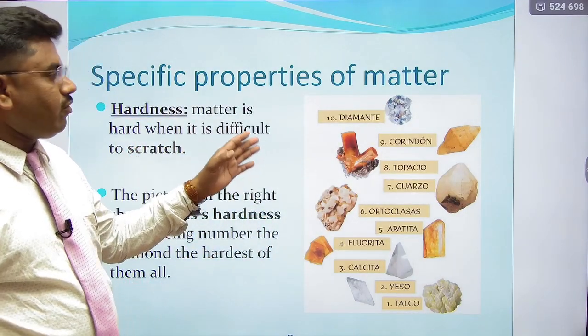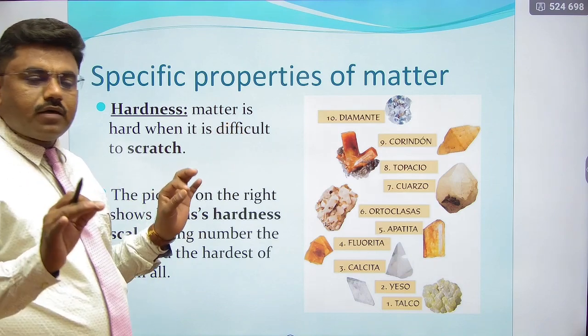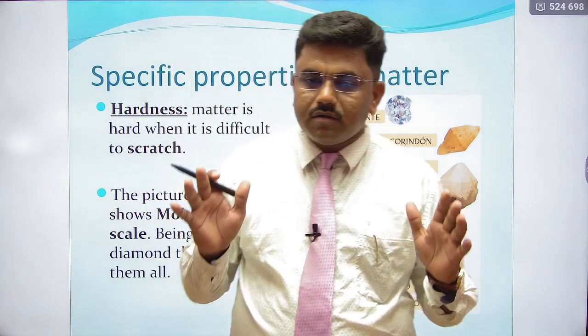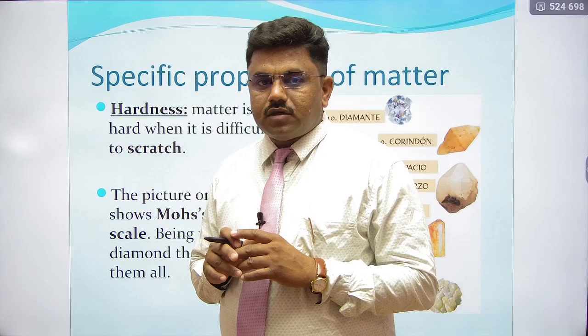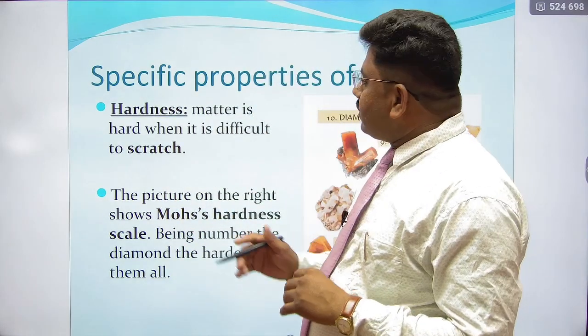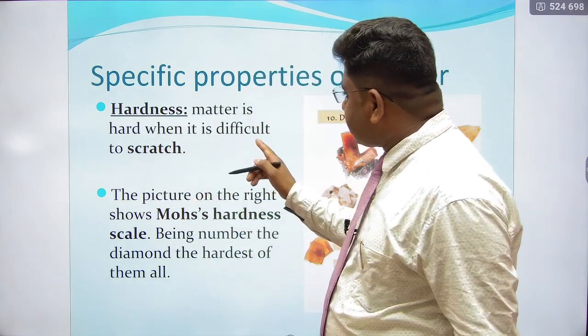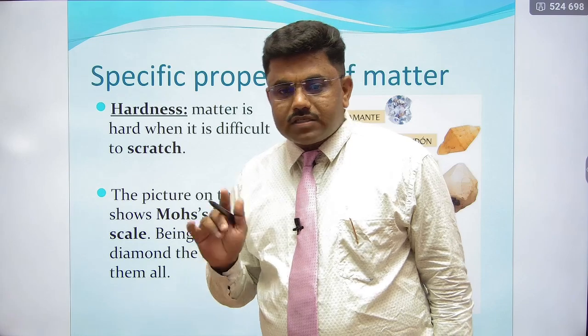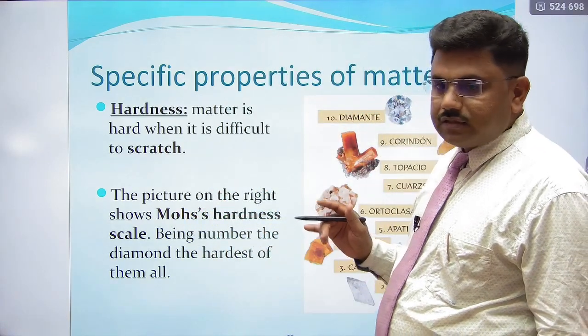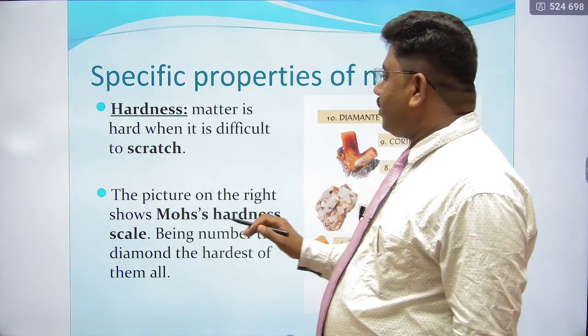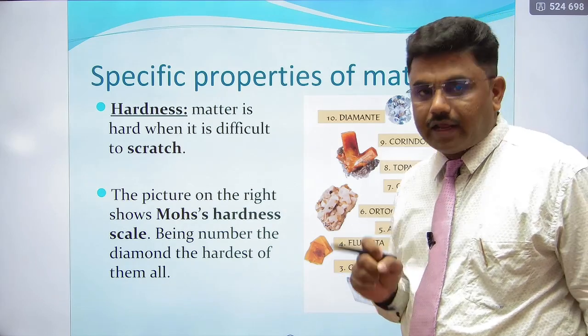Specific properties of matter. Every matter has some specific properties or characteristics. The first characteristic of matter is hardness. Matter is hard when it is difficult to scratch.